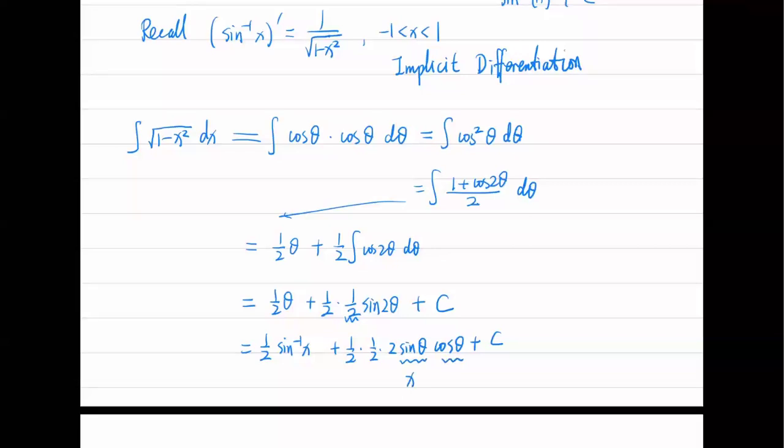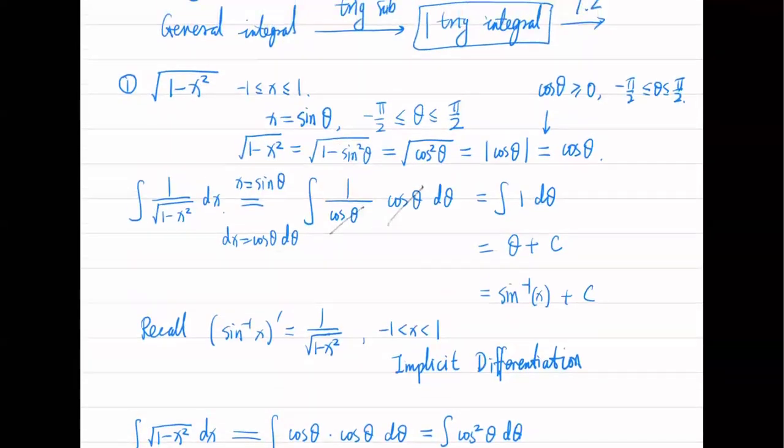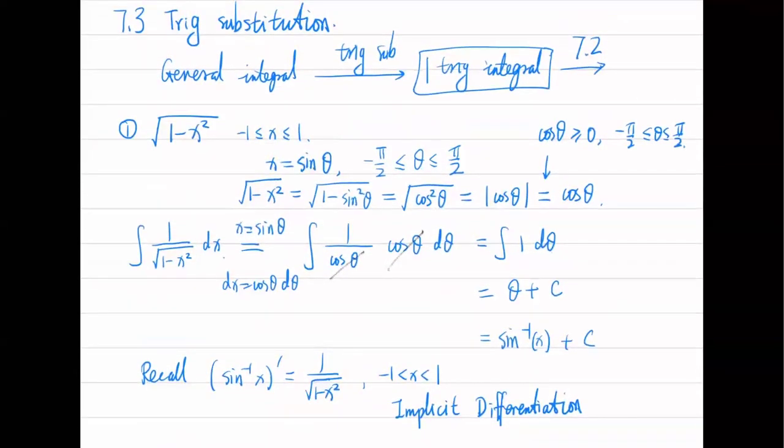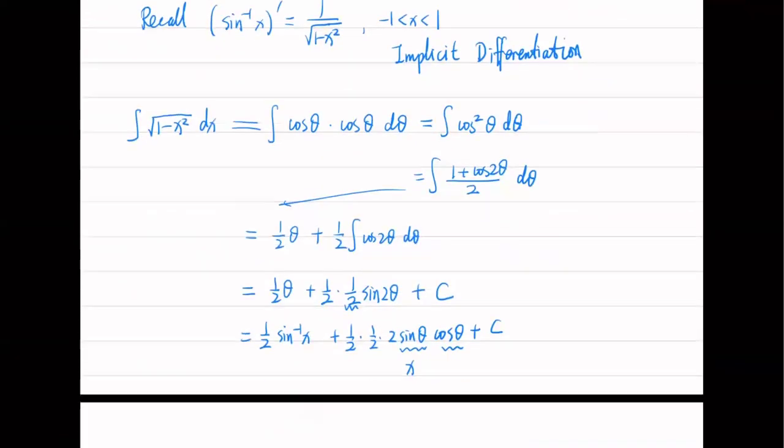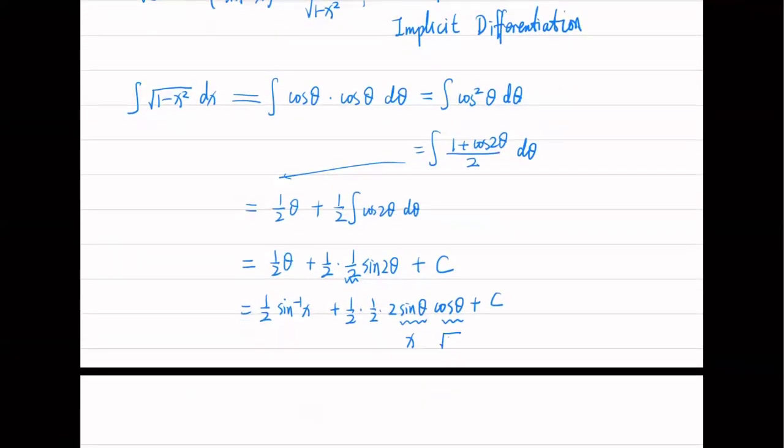Cosine theta, as we have done before, is a square root. Okay, so the final result will be 1/2, and 1/2.